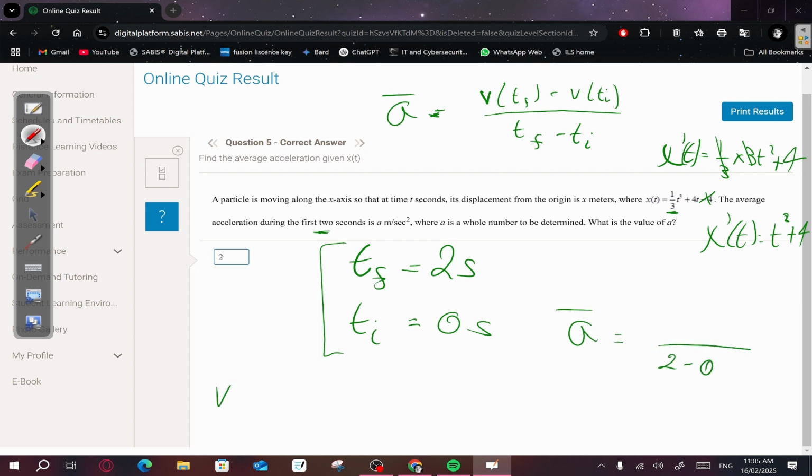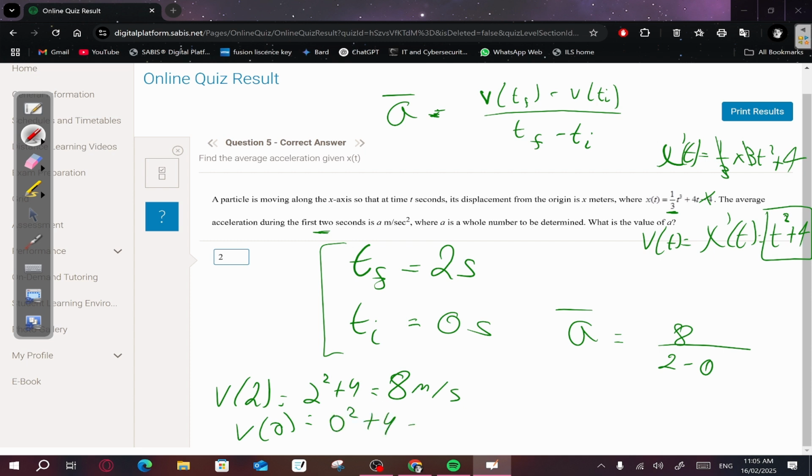Let's find v of 2. v of t is t squared plus 4, so 2 squared plus 4 is 4 plus 4, which is 8 meters per second. V of 0 equals 0 squared plus 4, which is 4 meters per second. So it's 8 minus 4 over 2 minus 0. A is equal to 4 over 2, which is 2 meters per second squared. And this is our final answer.